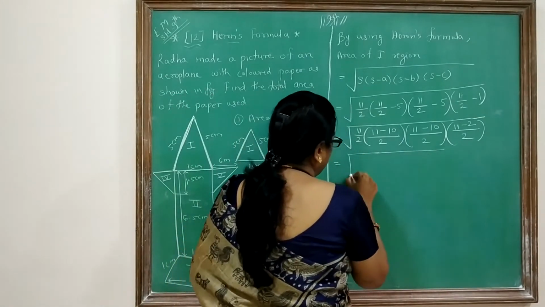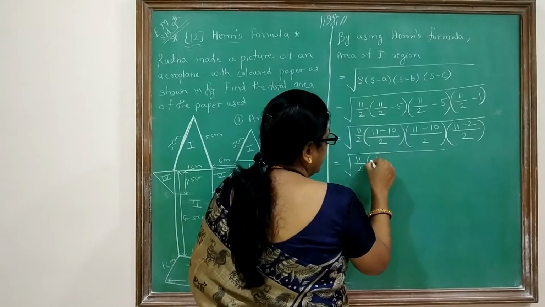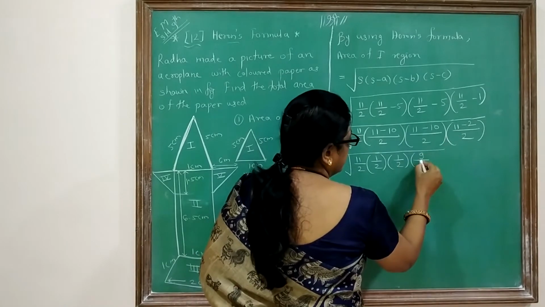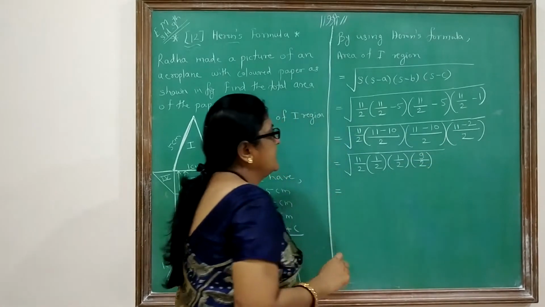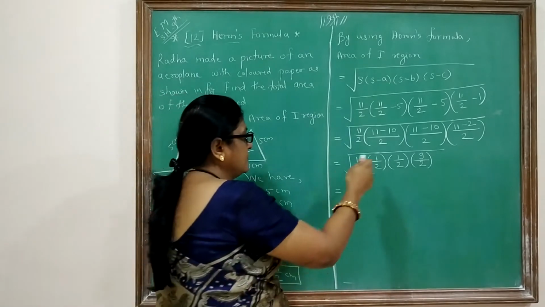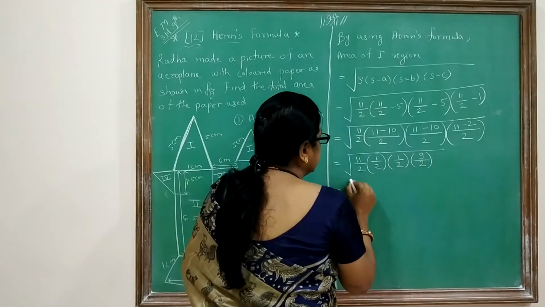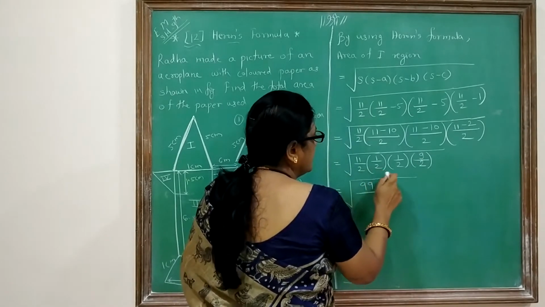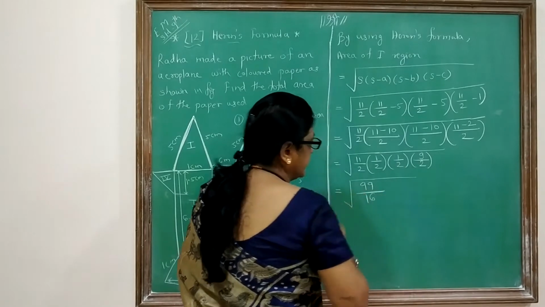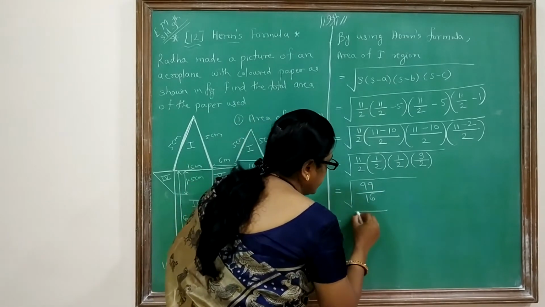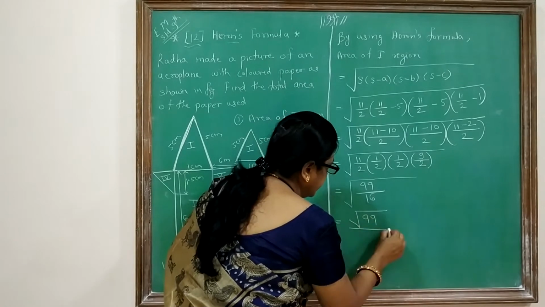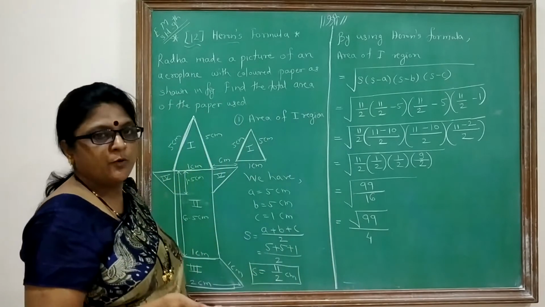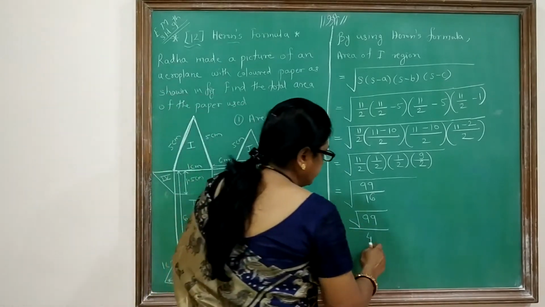Then under root of 11 by 2 into 1 half into 9 by 2. Then 11 into 1 is 11, and 11 into 9 is 99. Your answer is 99 divided by 2 twos are 4, 4 twos are 8, 8 twos are 16. Then the next step is under root of 99 divided by under root of 16, which is 4. Then root 99 by 4.